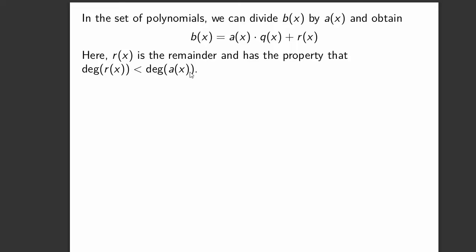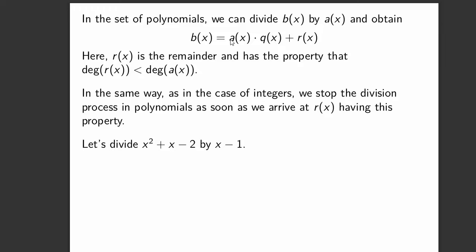Fine. So as soon as we arrive at the polynomial r(x) which has degree smaller than the degree of a(x), which is the divisor, we stop our algorithm, quite as in the case of the integers. So let's take a few examples.